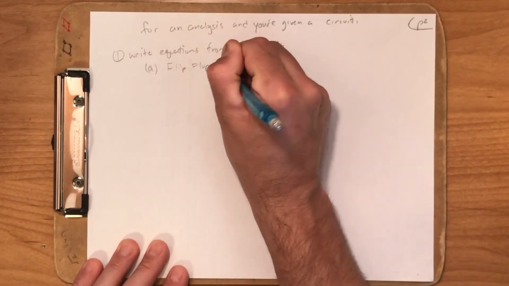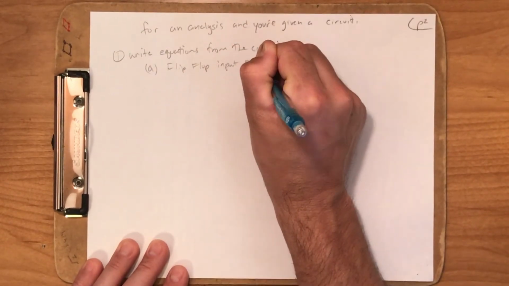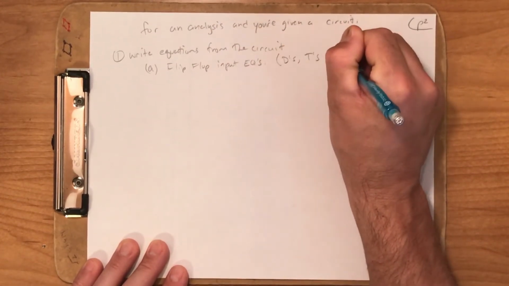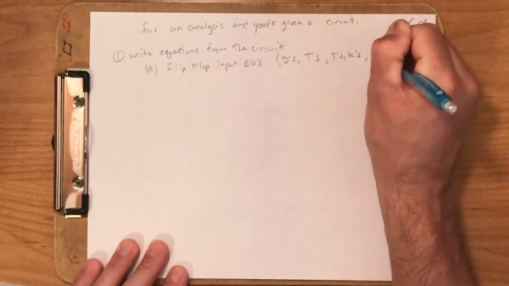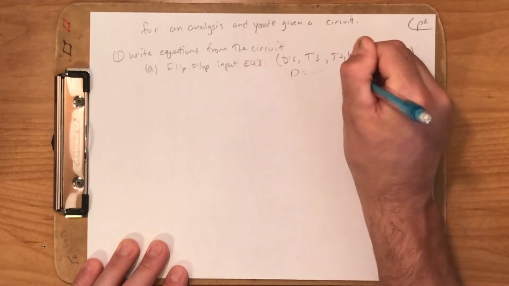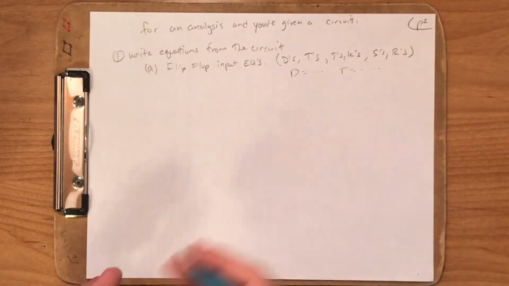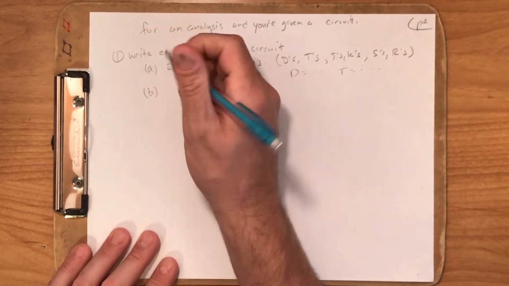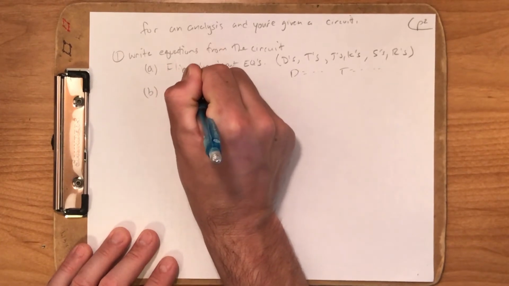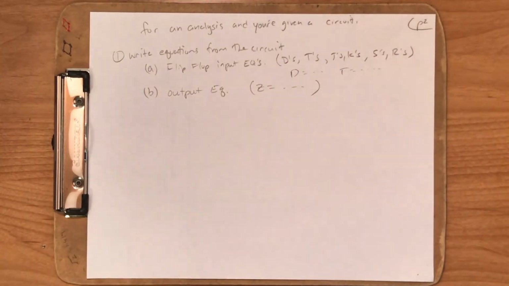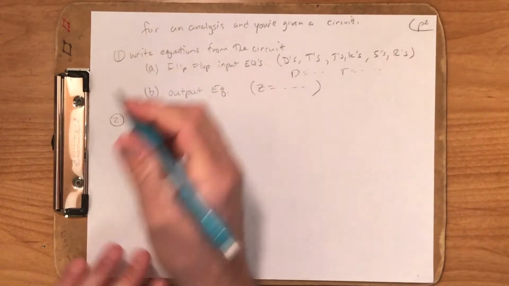So that's the flip-flop input equations. That'll be any D's, T's, J's, K's, S's, and R's. So D equals something, T equals something, whatever type of flip-flops you have. And you don't have to have all the same type of flip-flop in the problem. And then, what does Z equal?